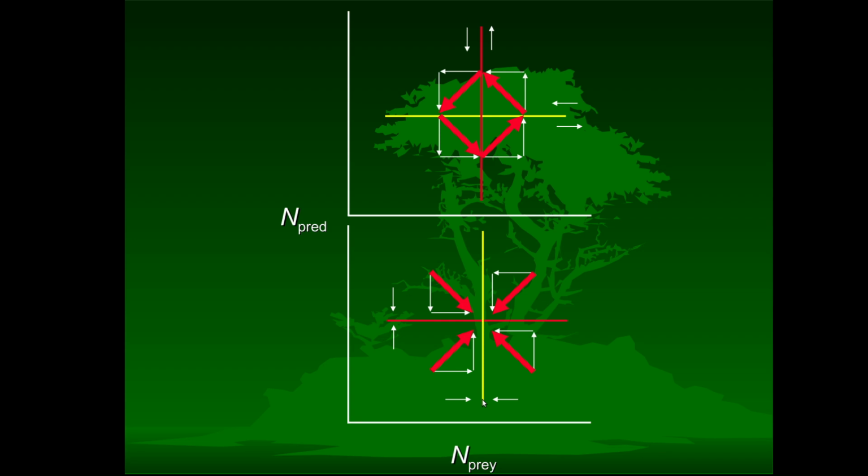And whether the predator population increases or decreases depends only on the predator population. So there's no interaction between the two. They just reach their own equilibrium points. So each population is limited only by itself.